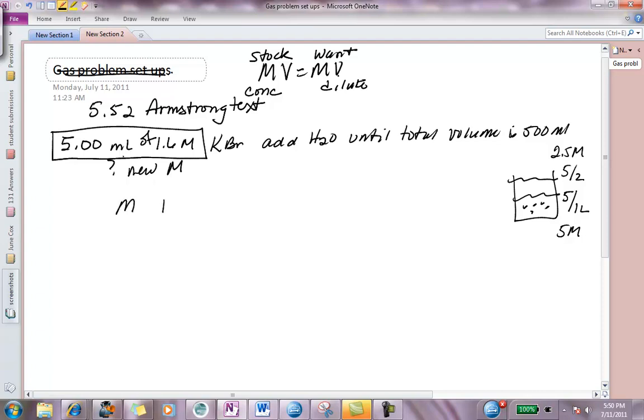So if I'm going to do molarity times volume, my molarity is 1.6 molar, my volume is 5.00 mLs. It will be equal to molarity times volume, in this case, of my final solution. The final volume is 500 mL, and I want to know the molarity.